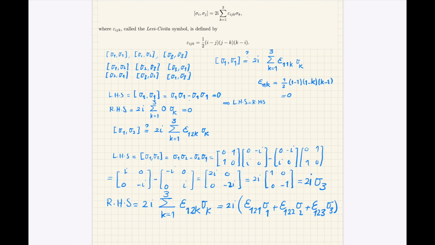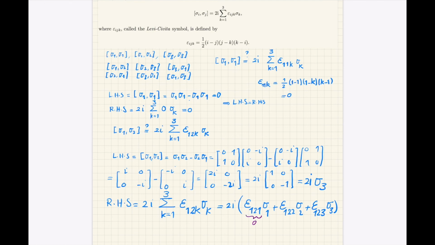Now here is my definition of the Levi-Civita symbol. So what is epsilon 1, 2, 1? Here, i is equal to k is equal to 1, yes? So if i is equal to k, the last factor becomes 0, so the whole epsilon symbol becomes 0. So this is nothing except 0.